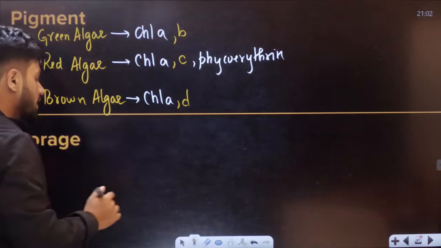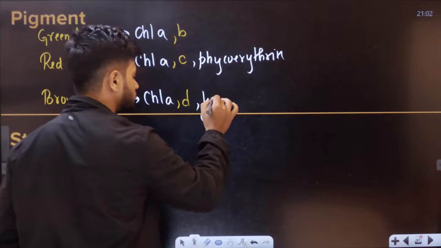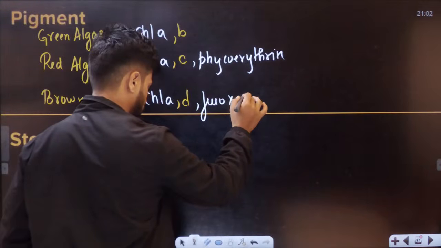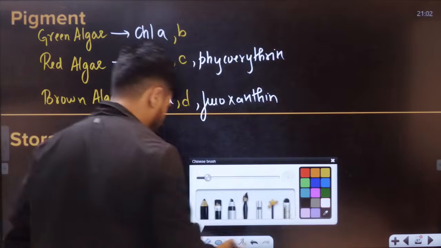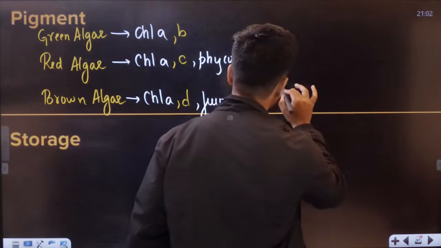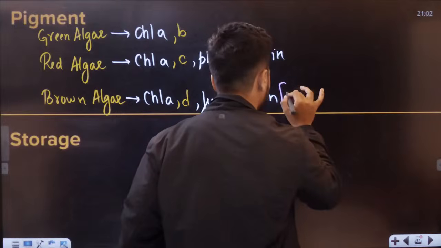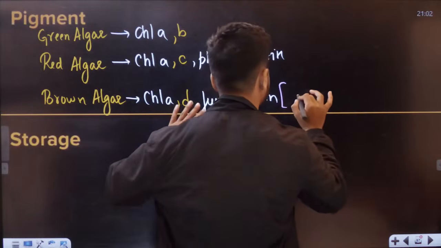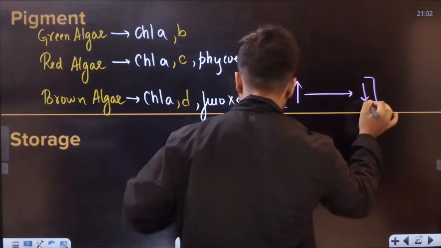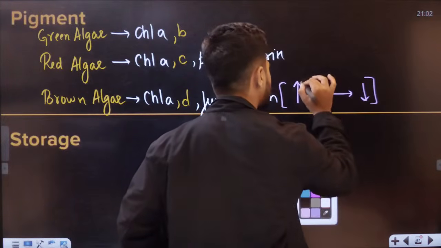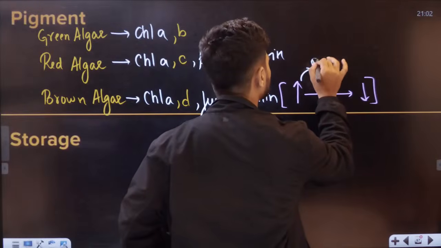We have something called fucoxanthin. Now students, please understand, this fucoxanthin can be very high or very low. When the fucoxanthin is very high, it will look very brown.